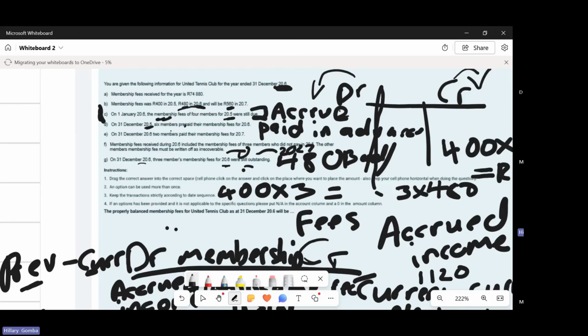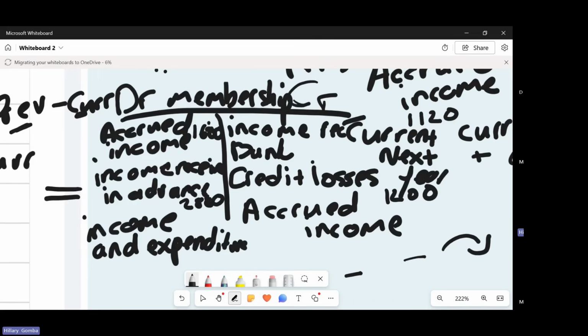And for 2026, the membership fees was 480 times 3 to find out how much is still outstanding. 480 times 3 is 1440. So that 1440 you record on the credit side as accrued income, 1440.